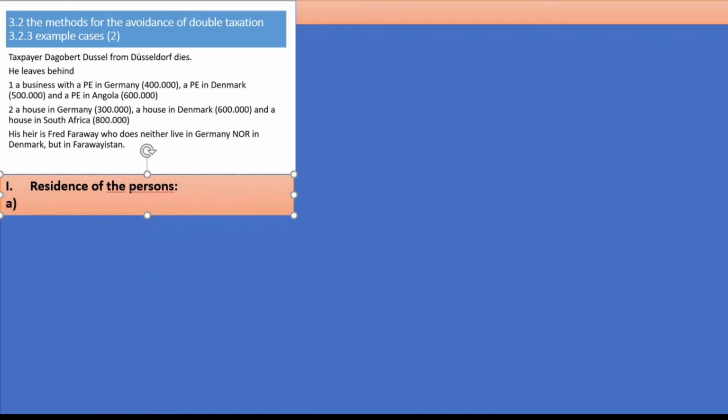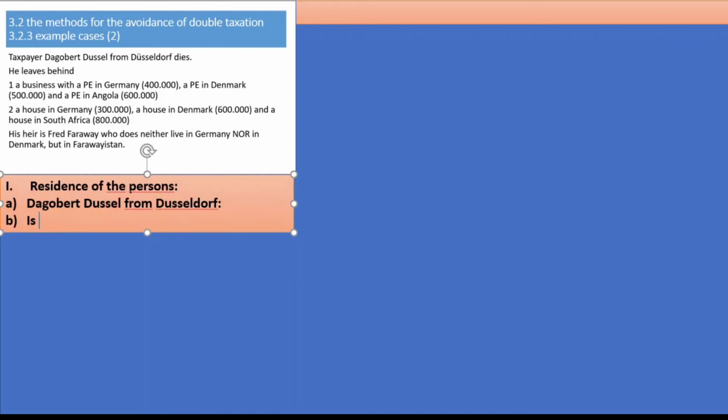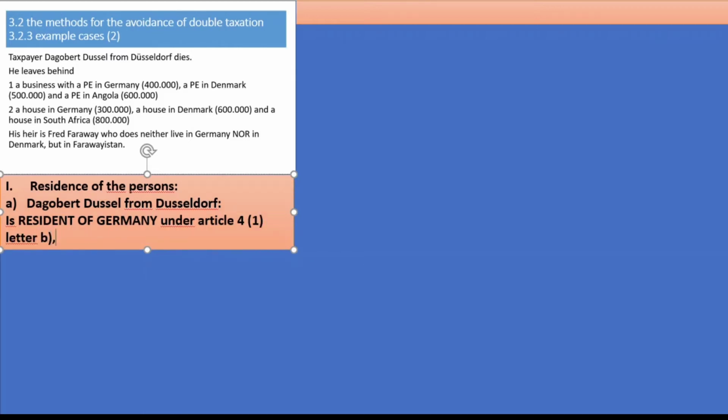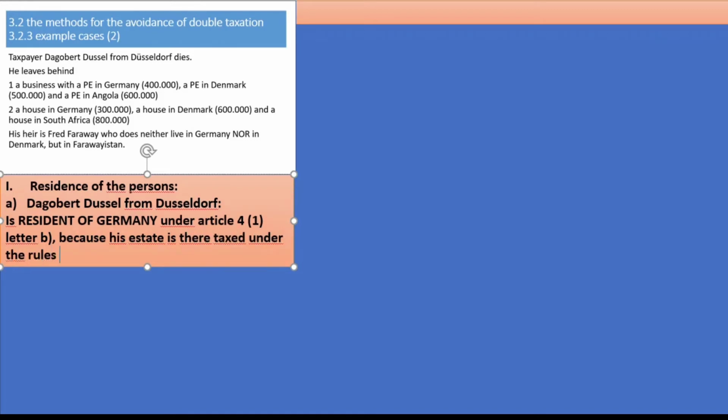Number A, Dagobert Dussel from Düsseldorf is resident of Germany under Article 4, 1, letter B, because his estate is there taxed under the rules of unlimited tax liability.